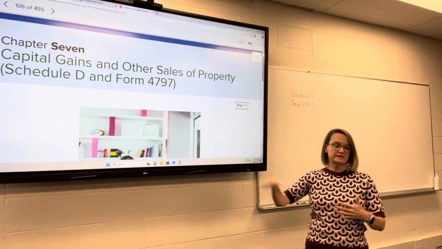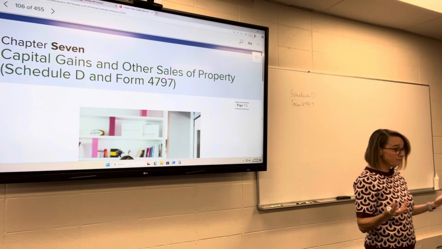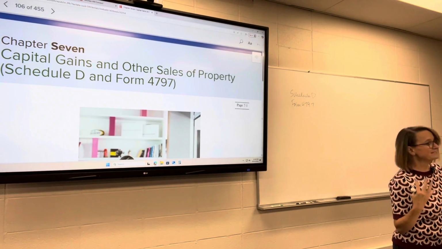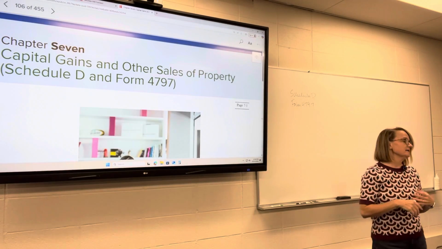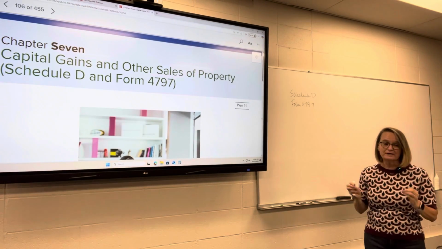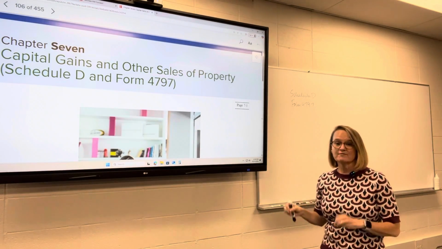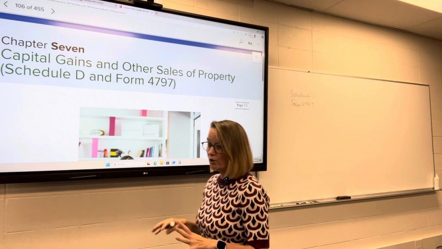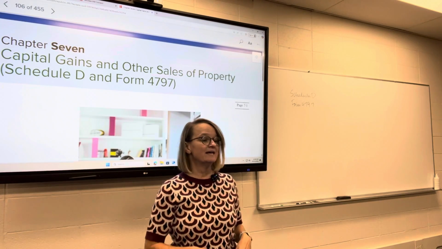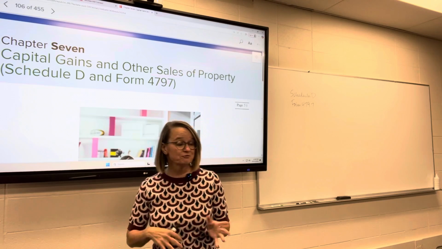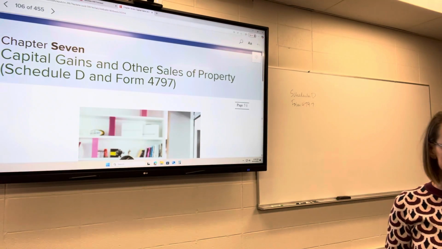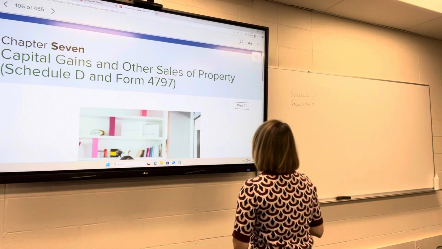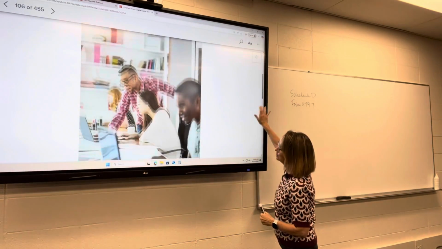What we're talking about in this chapter is another type of income, but it's income from the sales of assets. And we have different classifications of assets. And of course, it wouldn't be tax if we didn't have different rules for the different classifications of assets. So that's what we're going to go through in this chapter.